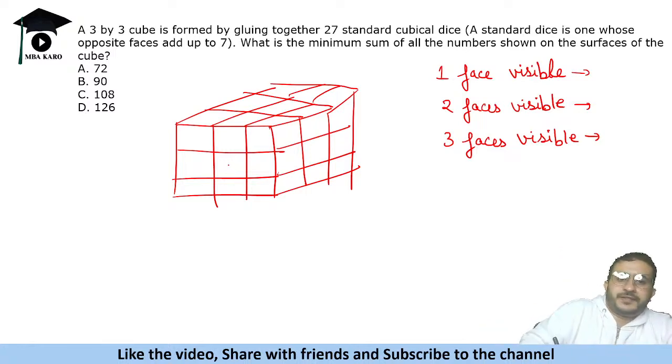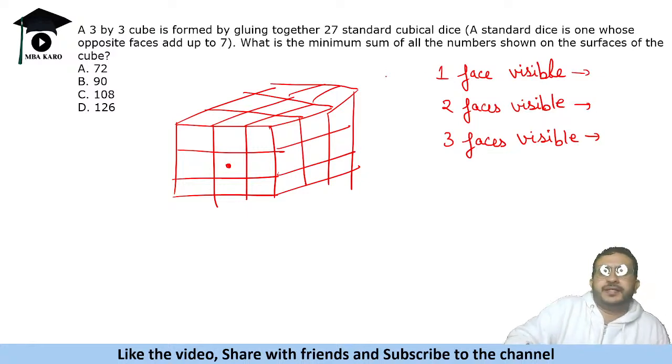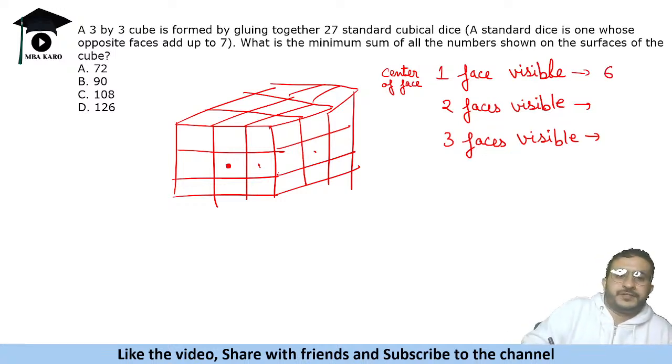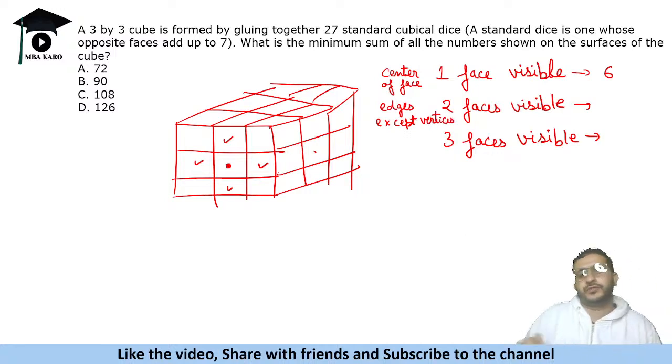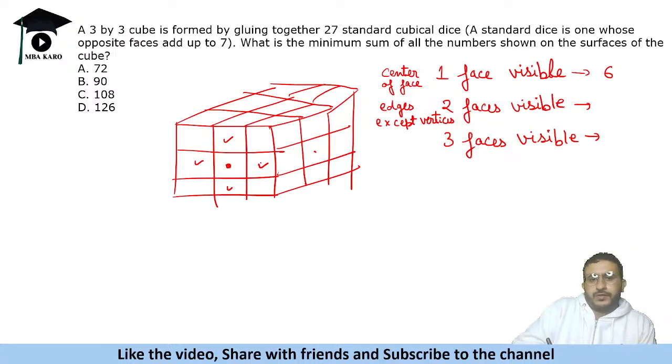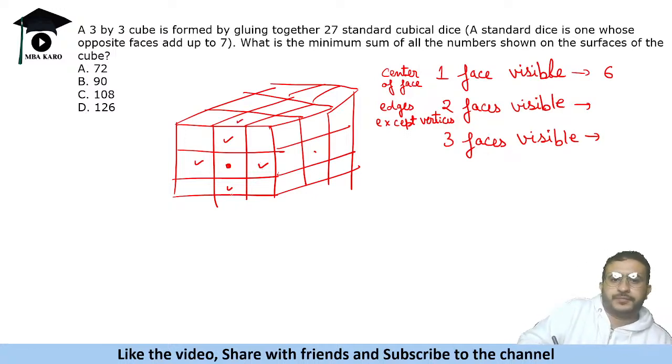Now one face visible means they are the centers of faces. Okay. So we have six such cubes. Now two faces visible are these ones. These are along edges except vertices. So how many are there? So we have four here.